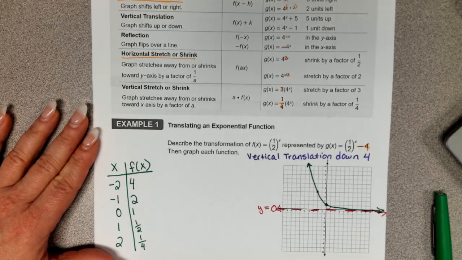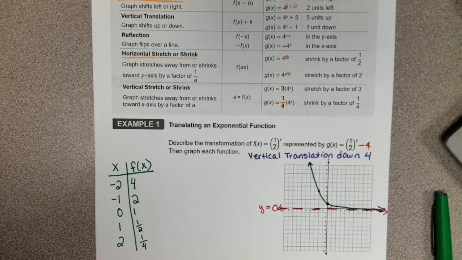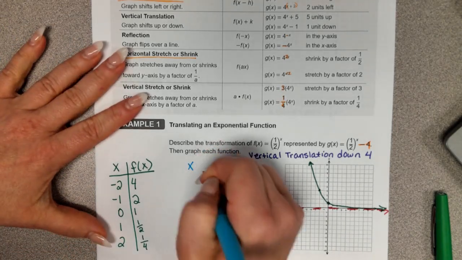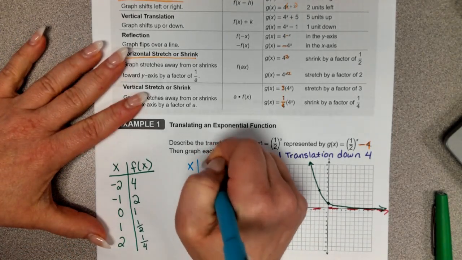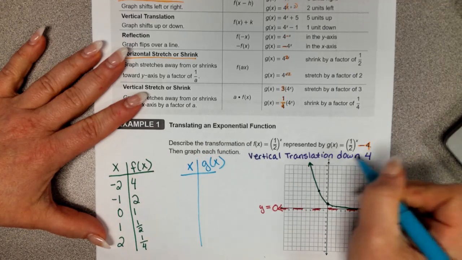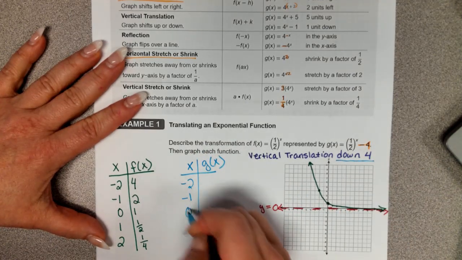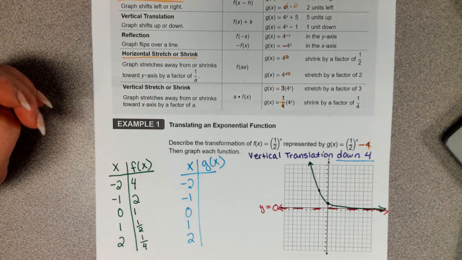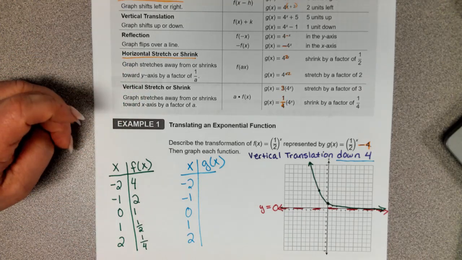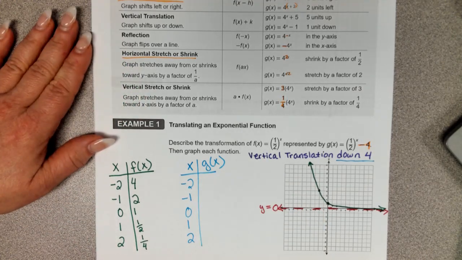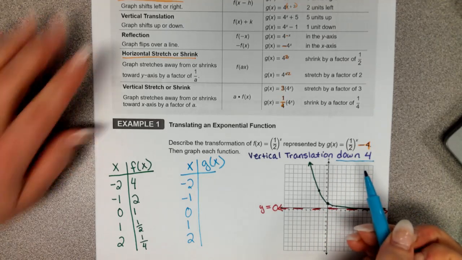Now let's do some transformations, okay? So our new graph is going to transform down 4. That will not affect the x values, so I don't need to change those. However, it does affect the y values. All of those should go down 4.